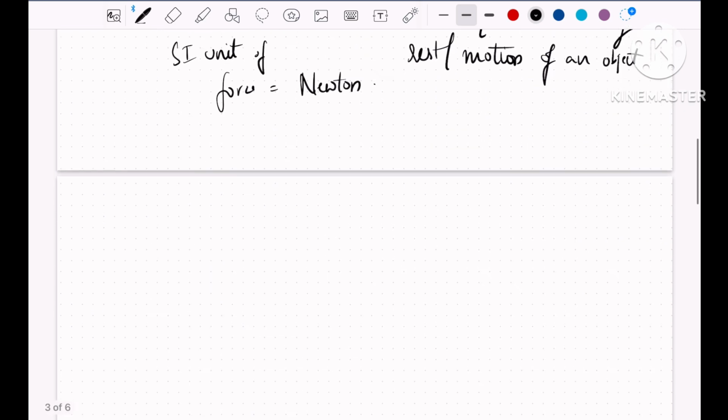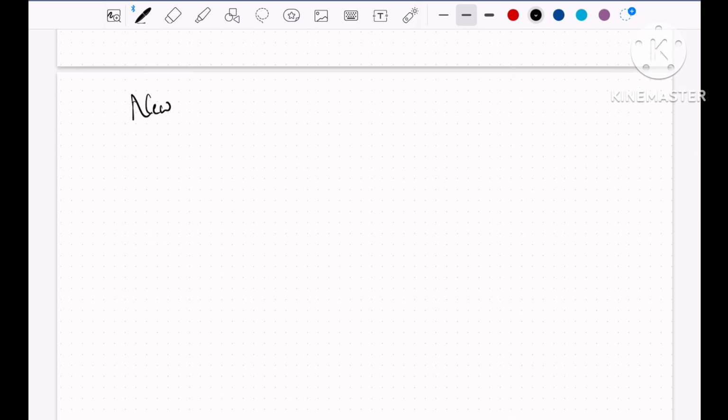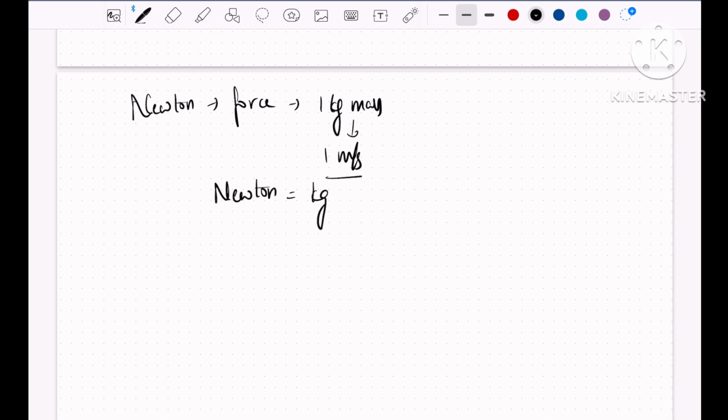So Newton is a force which, when given to 1 kg mass, gives it an acceleration of 1 meter per second squared. So Newton is kg meter per second squared. Gravity acts on every object.